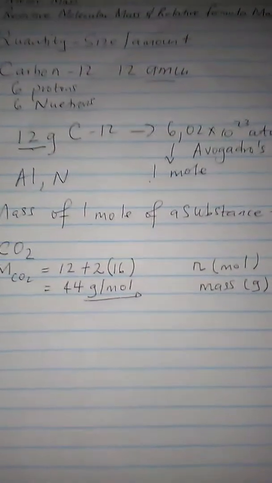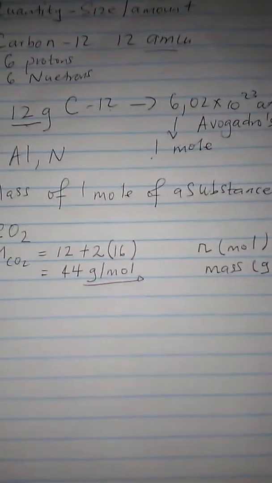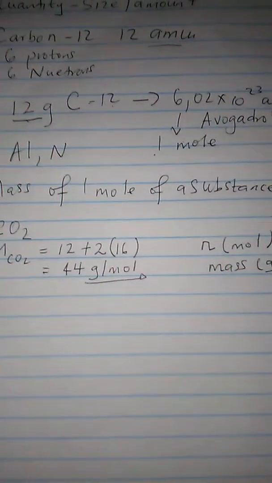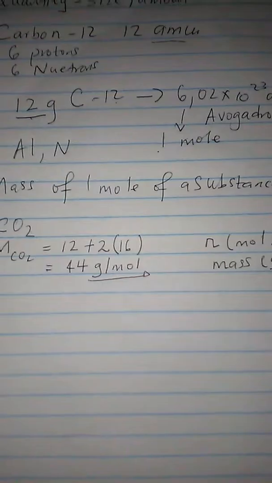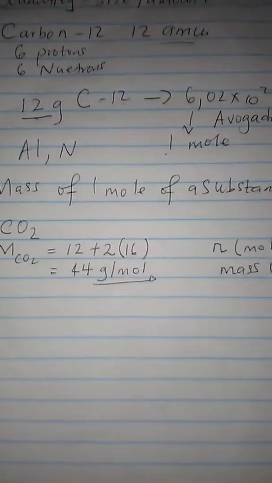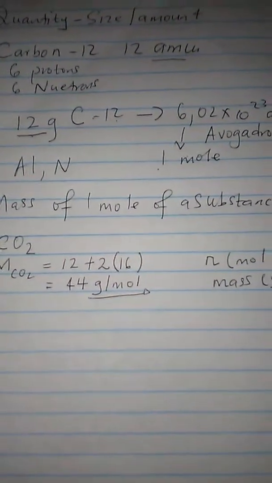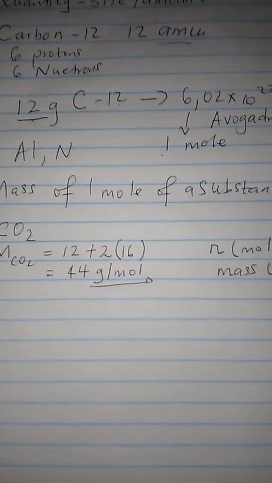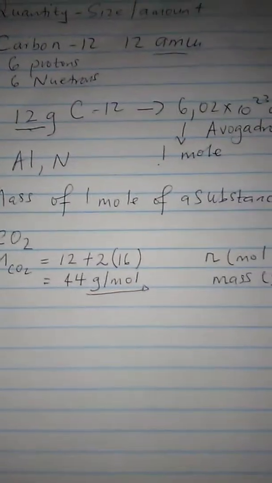So now I hope that in this video it was clear how these few concepts relate: the concept of the relative atomic mass, the mole, the molar mass, and the relative molecular and relative formula mass.